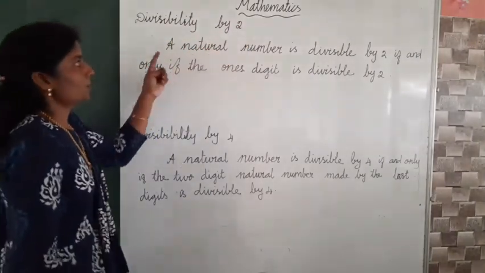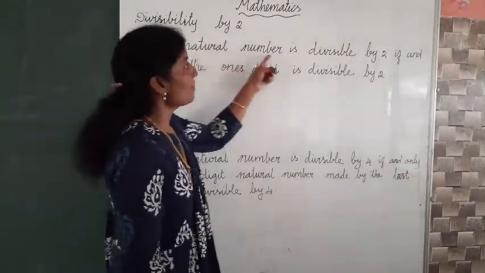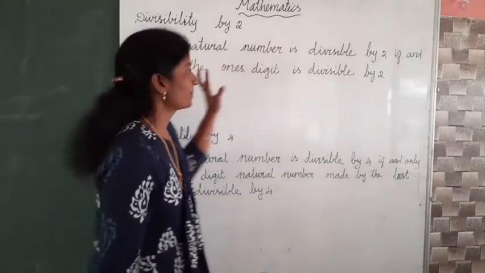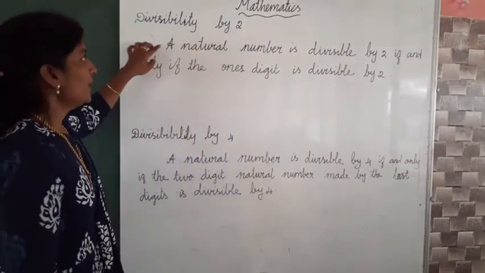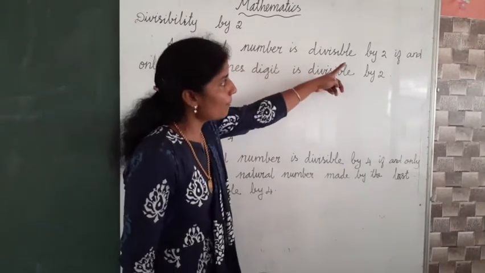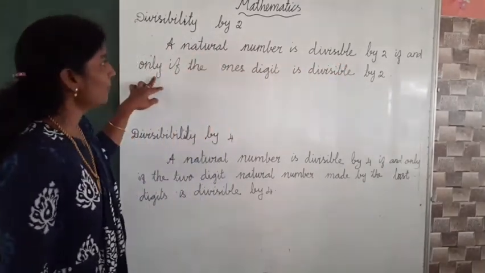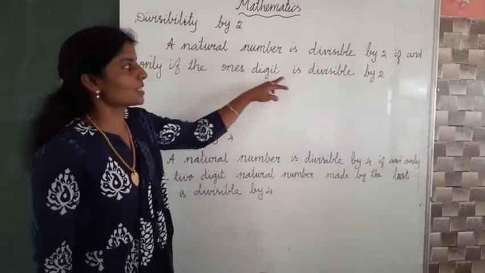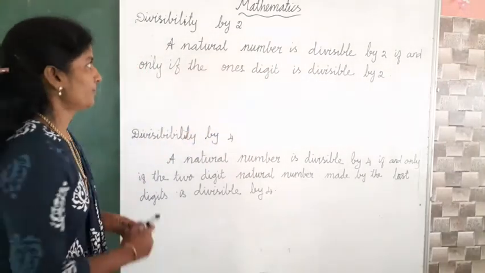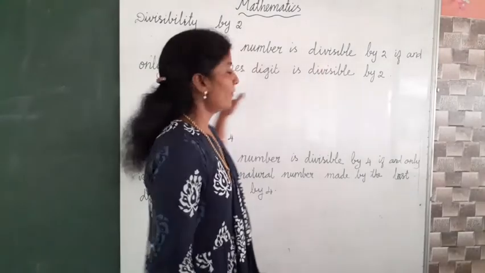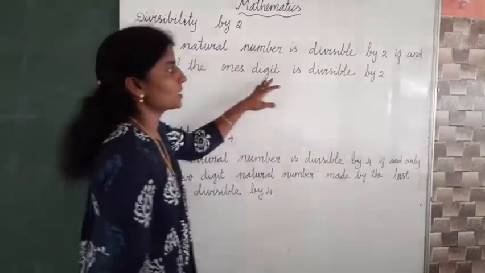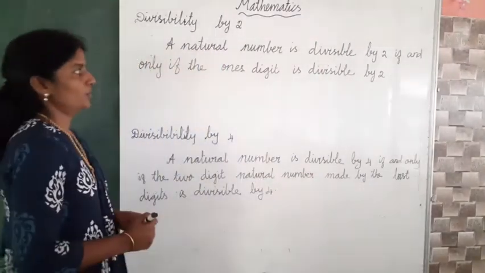Now divisibility by 2. A natural number is divisible by 2 if and only if the ones digit is divisible by 2.